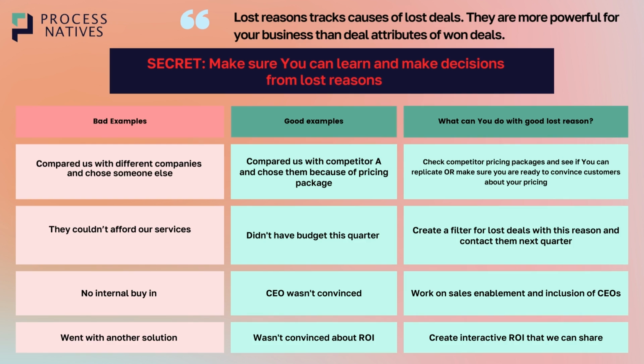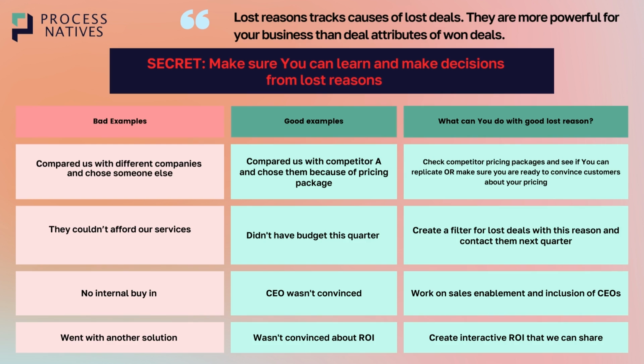Let's look at the examples provided. What is a good and what is a bad reason? A bad example would be "compared us with different companies and chose someone else." Okay, yes, it does tell us that we lost to a competitor. However, it doesn't give us any reason.